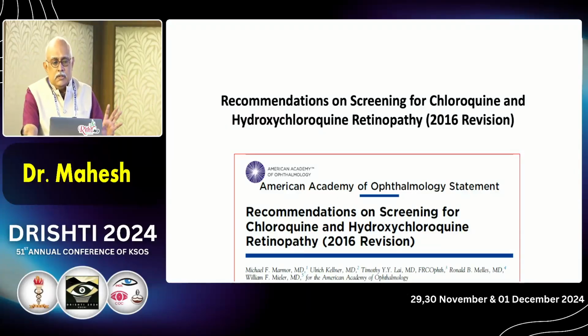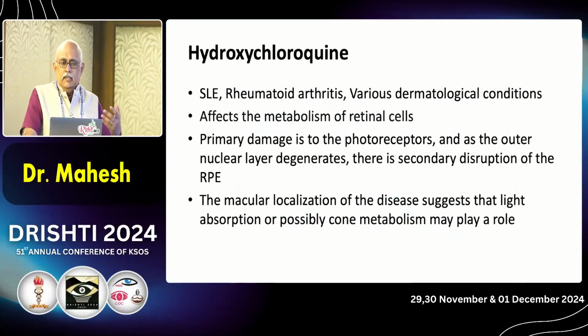The recommendations for HCQ screening have been modified based on the 2016 AAO guidelines. HCQ is a fantastic drug, something like a drug of choice for SLE and a lot of other diseases, a steroid sparing drug. That is the beauty of this drug.